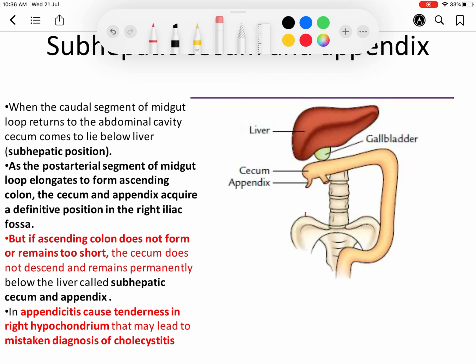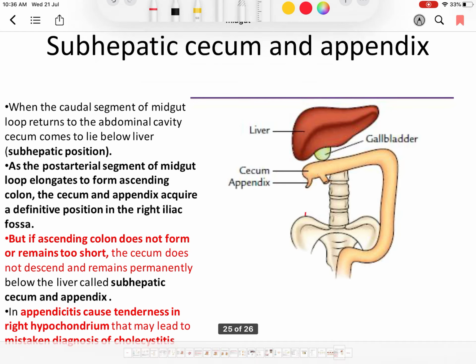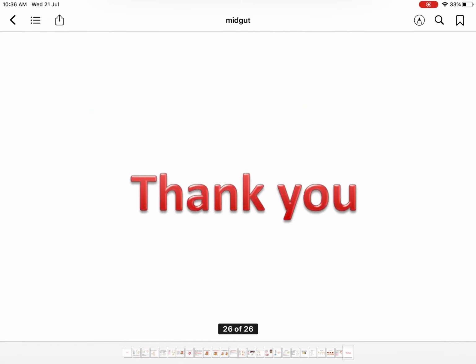If there is inflammation in the appendix, the appendicitis will mimic the features of cholecystitis, because the gallbladder is also in this position and the appendix is also in this position. So, because of the subhepatic condition, the pain will be in the right hypochondrial region, the diagnosis will be mistaken, and a mistaken diagnosis of cholecystitis will be made.